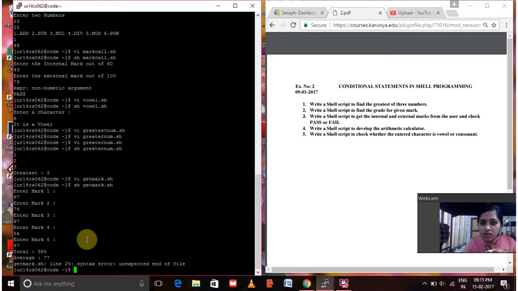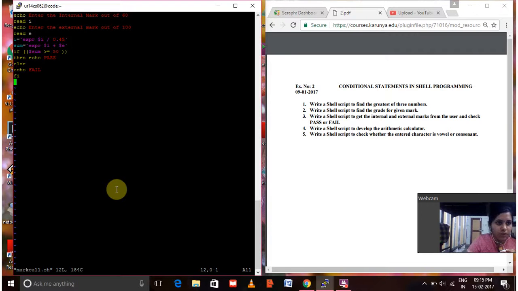The third program is the shell script for pass or fail. Here we are giving the internal marks out of 60. It is read as i, because it is the internal mark, and the other is the external mark out of 100.